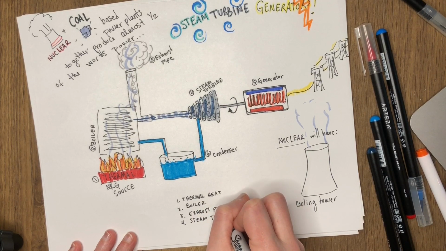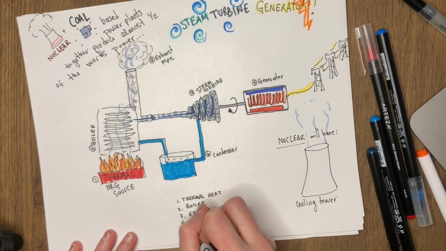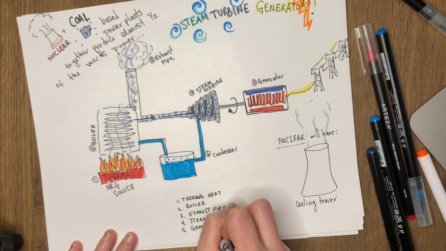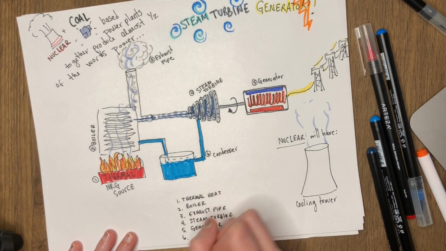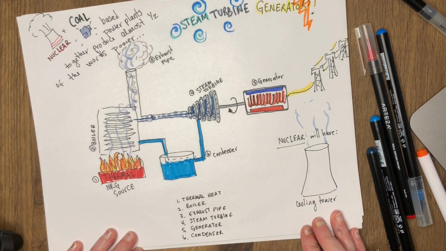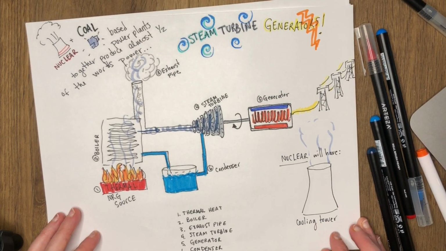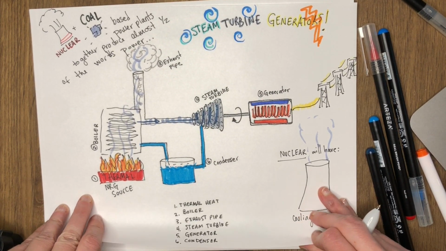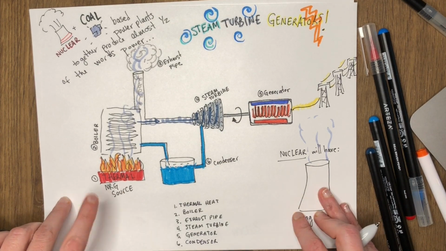We have our steam turbine, where pressurized steam turns these blades. We have our generator, which is connected to the turbine by a rotating shaft. When the turbine spins, the generator is spun to generate electricity. And we have our condenser, where steam is cooled, becomes liquid, and can be sent back to the boiler. Okay? So this is the basic design that I need you to know.